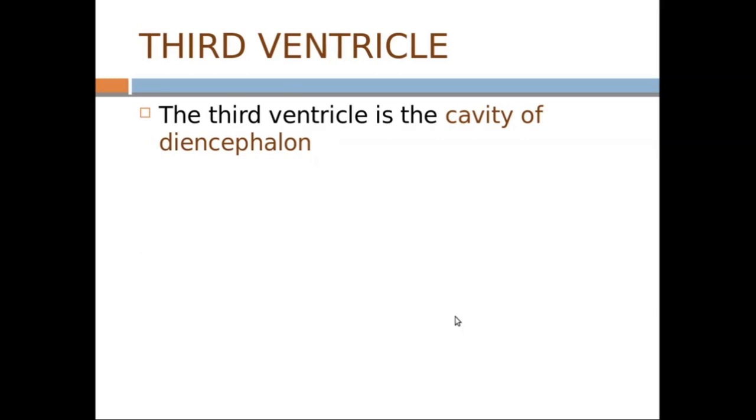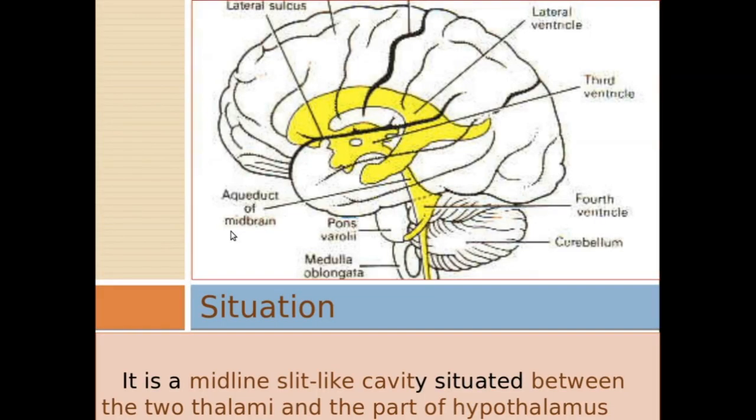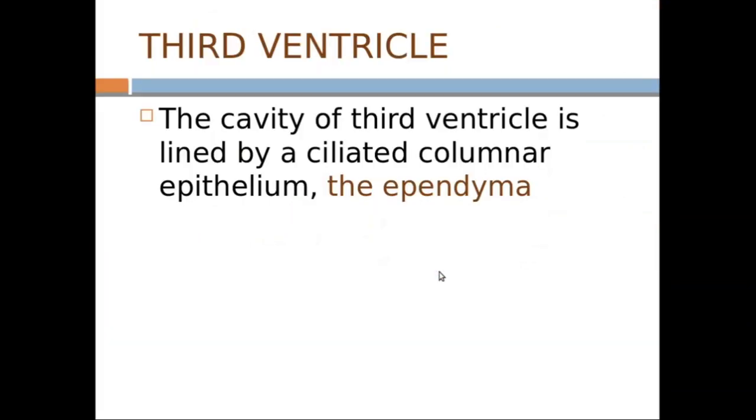Third ventricle is the cavity of diencephalon. It represents the primitive cavity of the forebrain vesicle. If you see this, this is the third ventricle. It is a midline slit-like cavity situated in between the two thalami and the part of the hypothalamus. That is the situation.